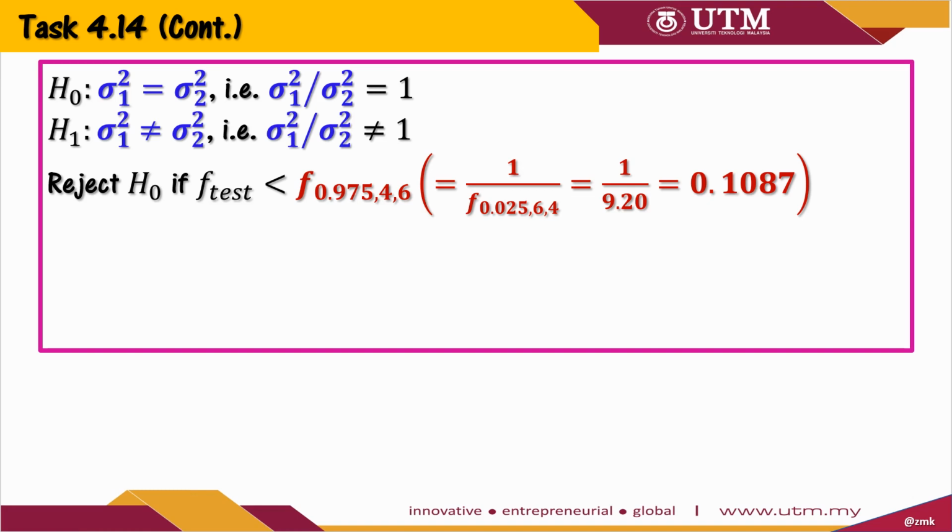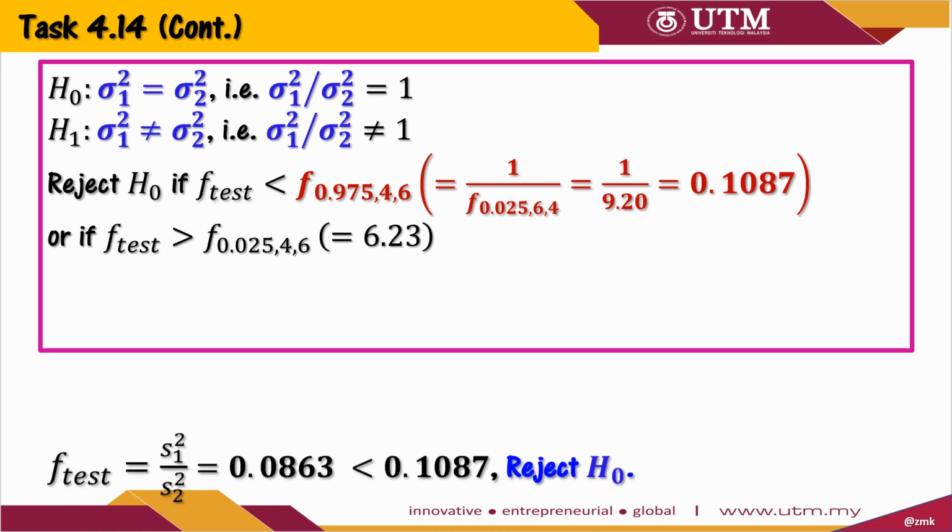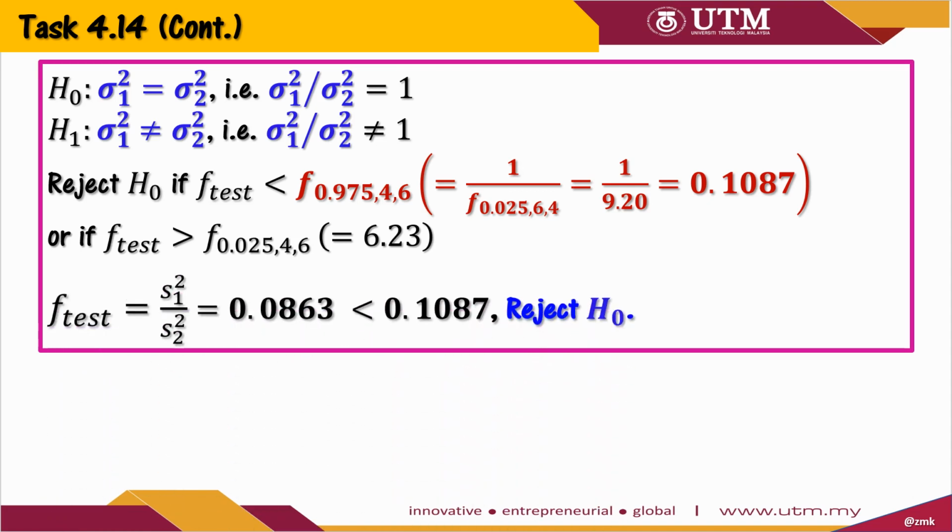The rejection rule is not yet complete though. We would also reject H0 if the F test is greater than the right-sided critical value, which is F(0.025; 4, 6), given by 6.23. Now we need to calculate the F test value, which is the ratio of two sample variances, S1 squared to S2 squared.